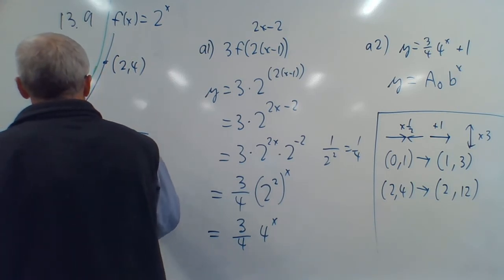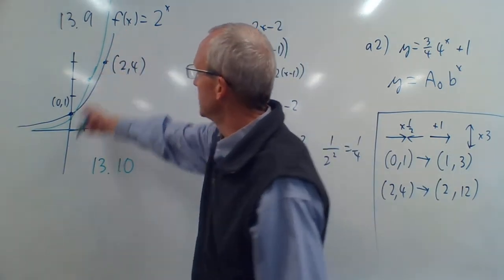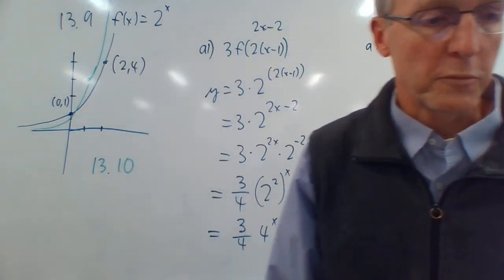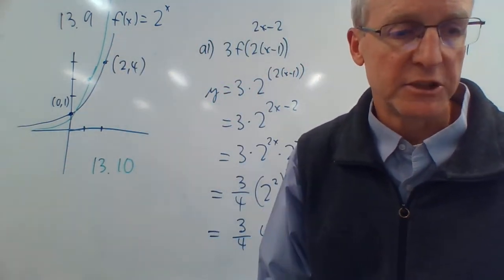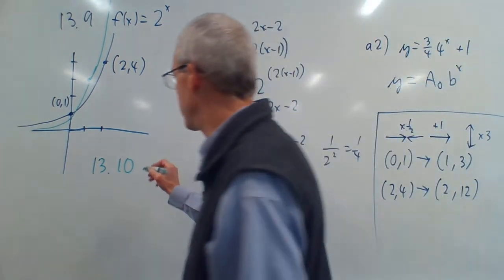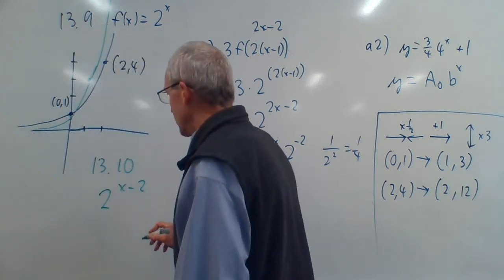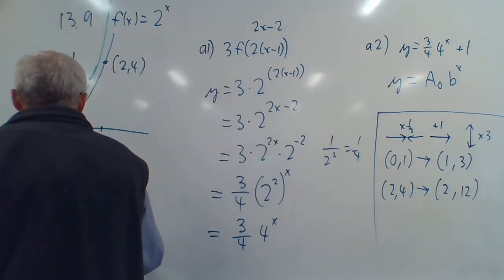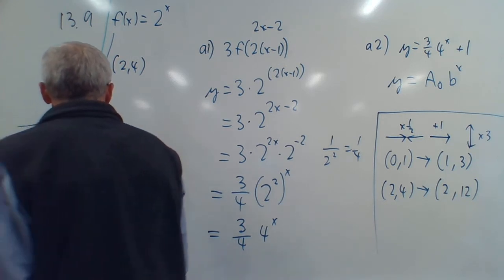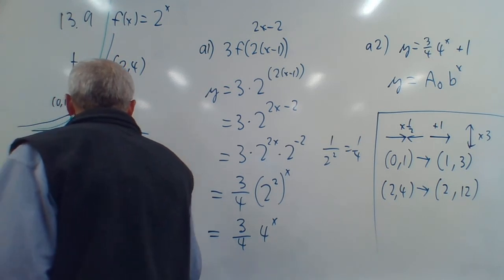So 1310. And they say, starting with our graph of 2 to the x, the blue one here, we'll graph 2 to the x minus 2. So if f of x is equal to 2 to the x, then this is f of x minus 2.